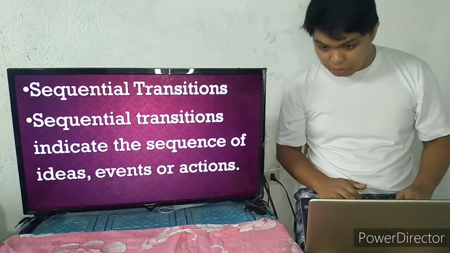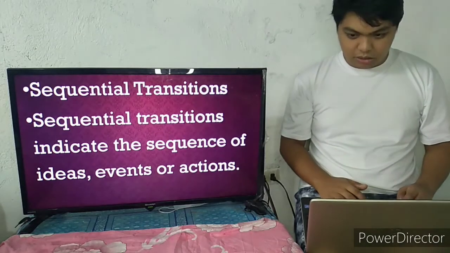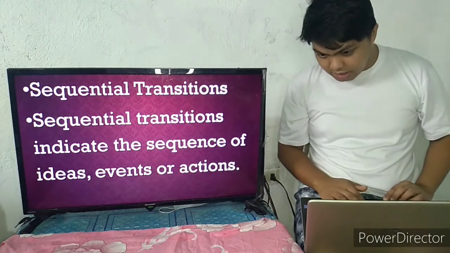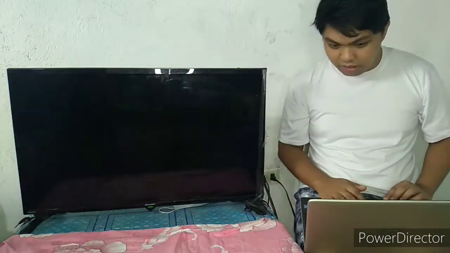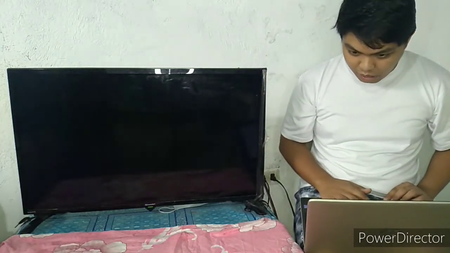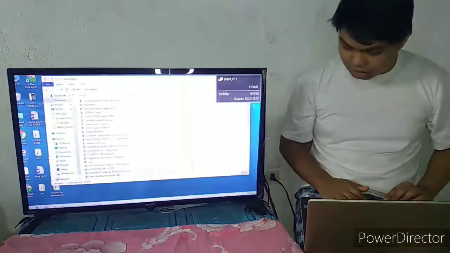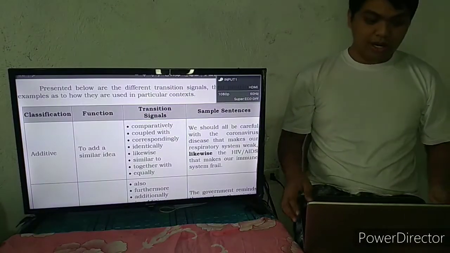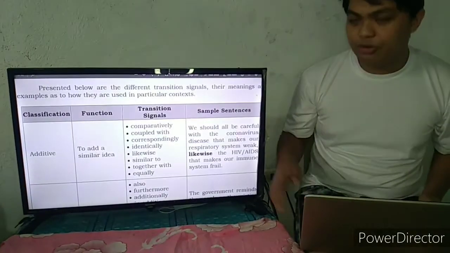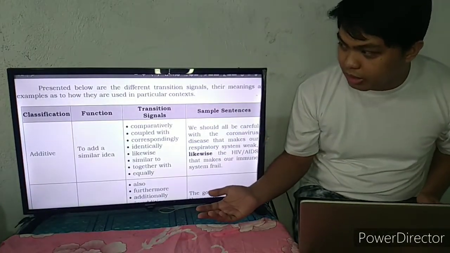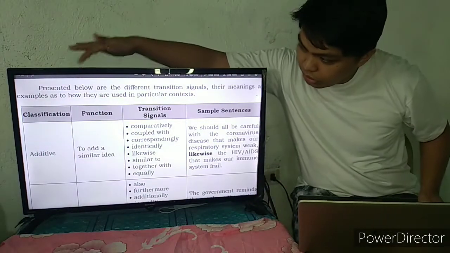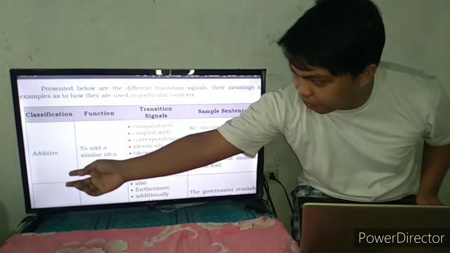Okay, I will give you a table to explain further what is sequential, additive, and adversative. So, I will exit for this, and let us proceed to the classification. So, if you can see on our explanation board, we have the classification, and that is additive.